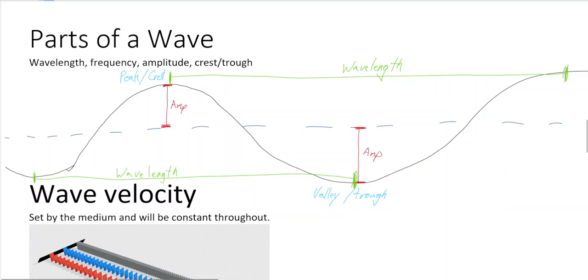Okay, the frequency, whoops, I wanted a different color there. There you go. The frequency is how fast does it go up and down, which really we cannot draw here. So we're just going to say how fast does it go up and down.